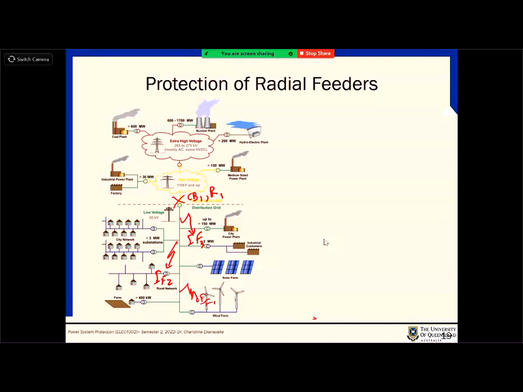It takes out the entire network. Yes. The major issue associated with this is that for any fault, now the whole feeder will be disconnected. But let's say if there is a fault at IF1, only the wind farm and that domestic connection should be disconnected, but not the other customers.